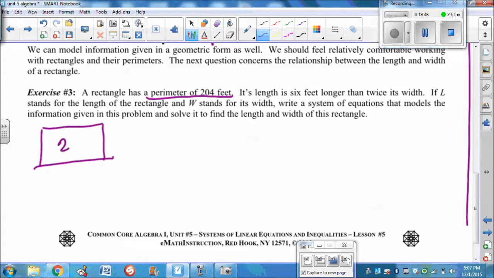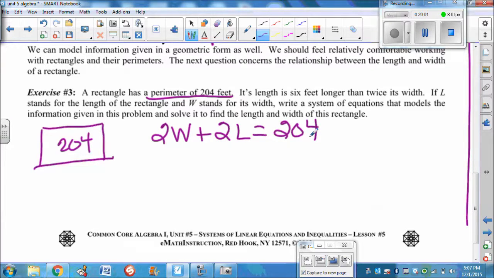Okay. Perimeter of 204. If you remember, perimeter formula is 2 times the width plus 2 times the length, and that's going to equal the perimeter, 204.